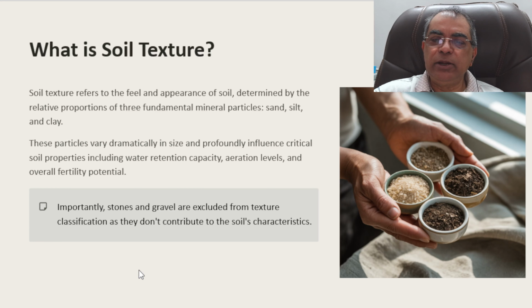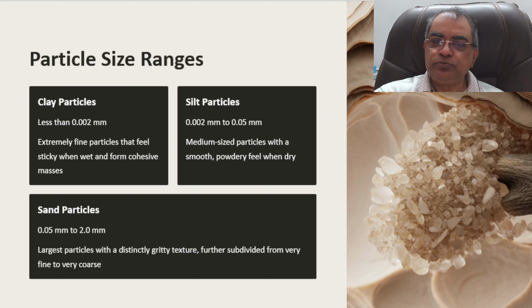Importantly, stone and gravel are excluded from texture classification as they do not contribute to the soil's characteristics. So particle size, you don't have to remember it exactly, but you should have the understanding.